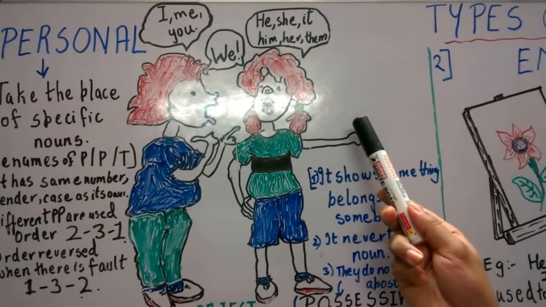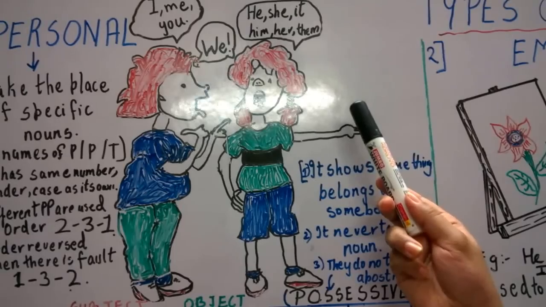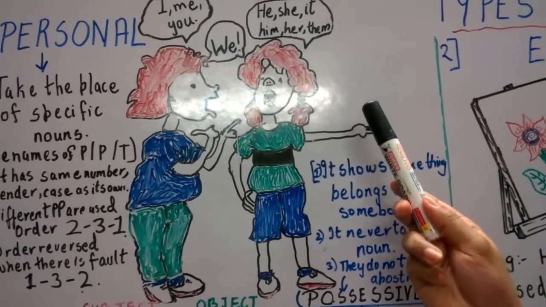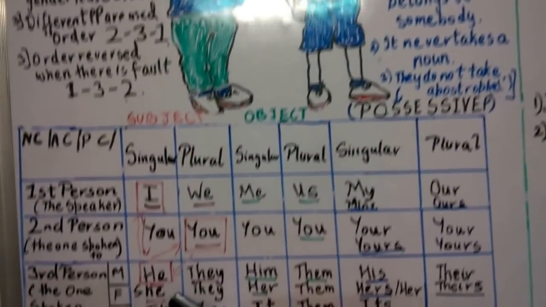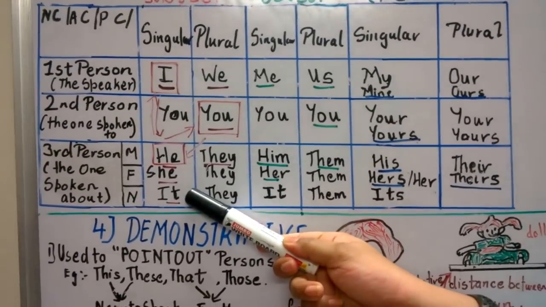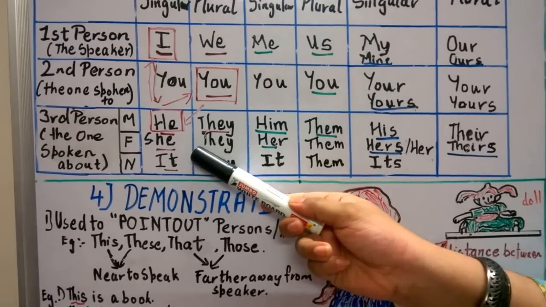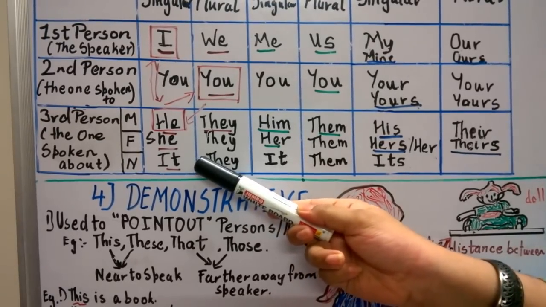In third person we have three types, that is the masculine, feminine and the neuter gender. For masculine, for all males we use he. For all females we use she, and for all things we use it. Now suppose we say for pets, then we use he and she. Otherwise for animals we use only it.